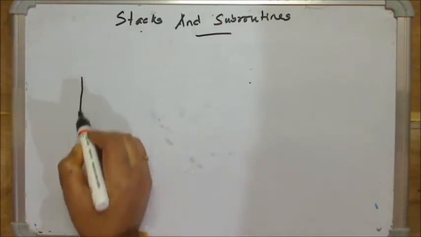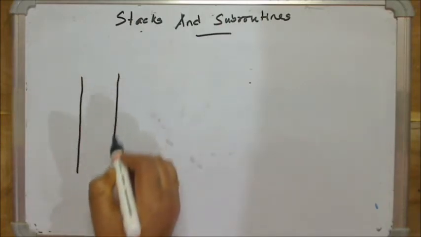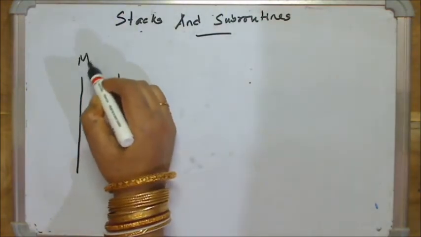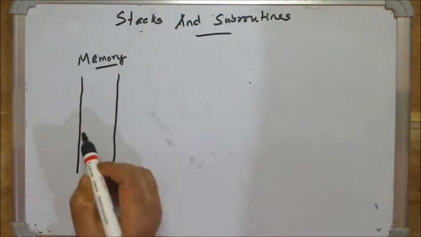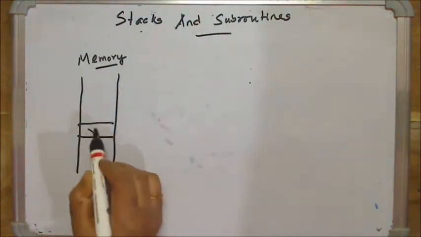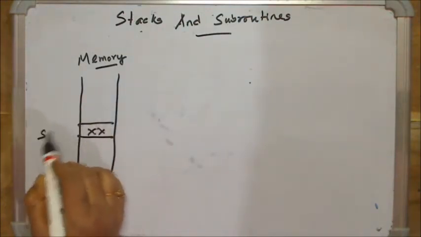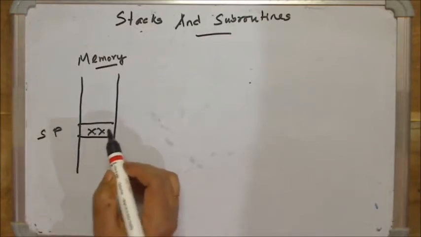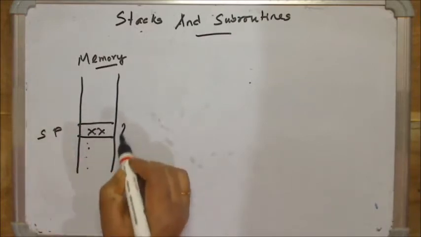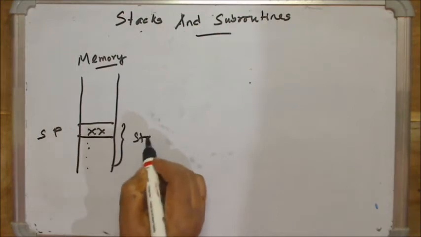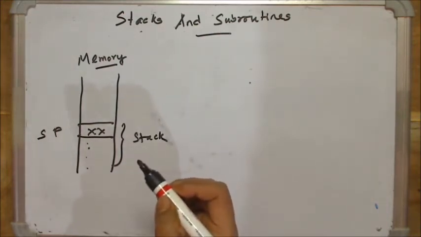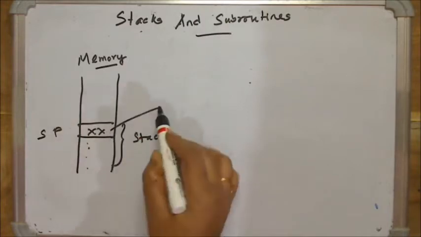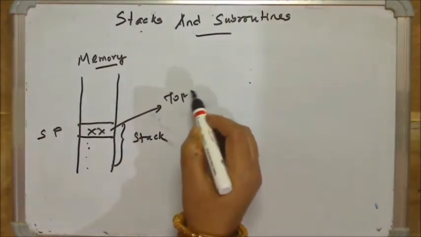So this is your memory. This is your stack pointer. And these are the various elements. Together they are called the stack. Now this is the top of stack.